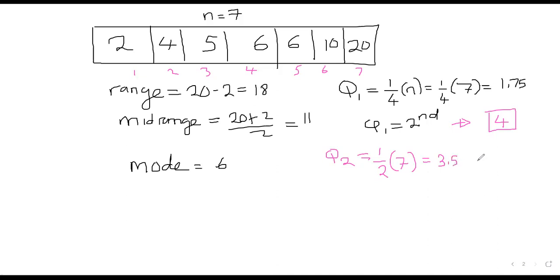Which position are we getting? The fourth position. Good. So which one is the 4th position? 6. Good. So the value of the second quartile is 6.